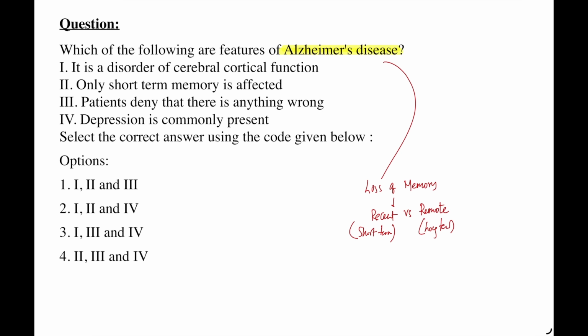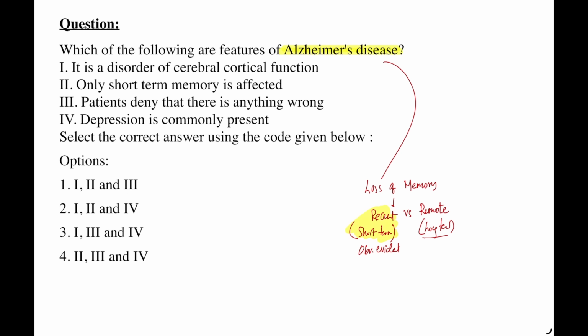Both are gone. But more obviously evident are the recent ones. Obviously evident. That means you can elicit them. Long term stays most of the times. But both are affected. Both are affected. This is memory loss.